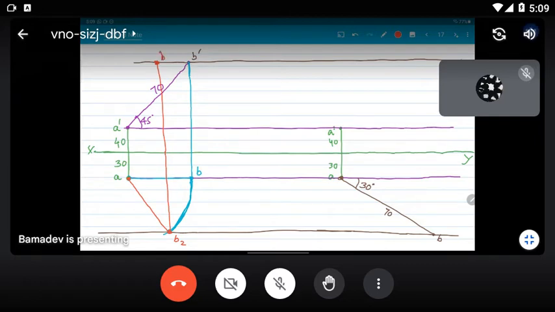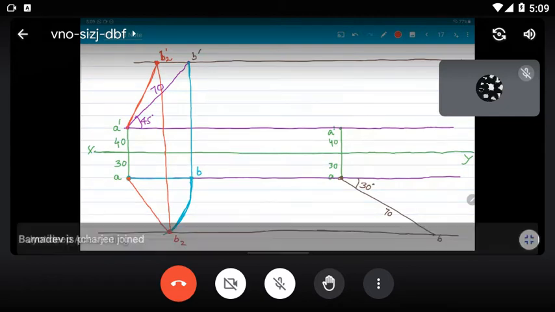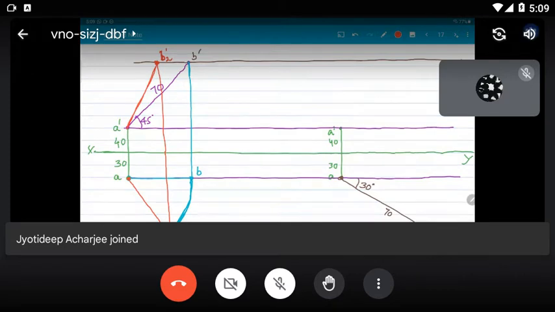Say this is B2 dash and join A dash B2 dash. Right?